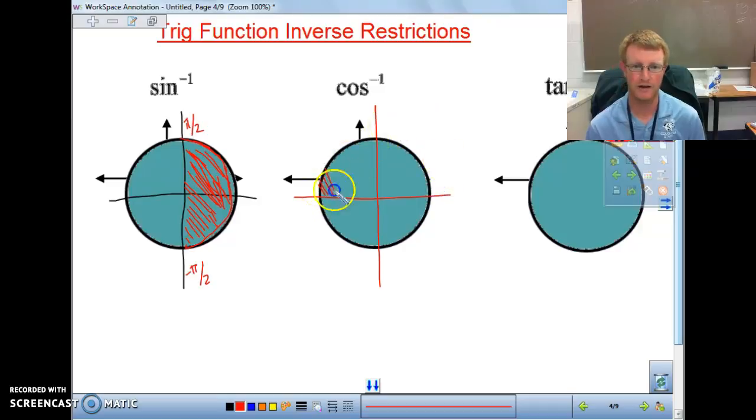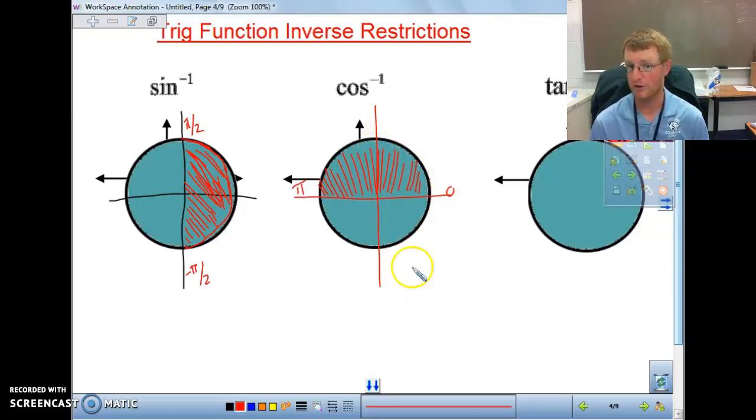Cosine is only defined on the top half, so we call that from 0 to pi. You can get two answers for cosine, but typically your first answer, if it's positive, would be in this quadrant, and the other answer would be in the fourth quadrant where it's positive. But the calculator, if you're doing an inverse, will only define it right here in this quadrant.